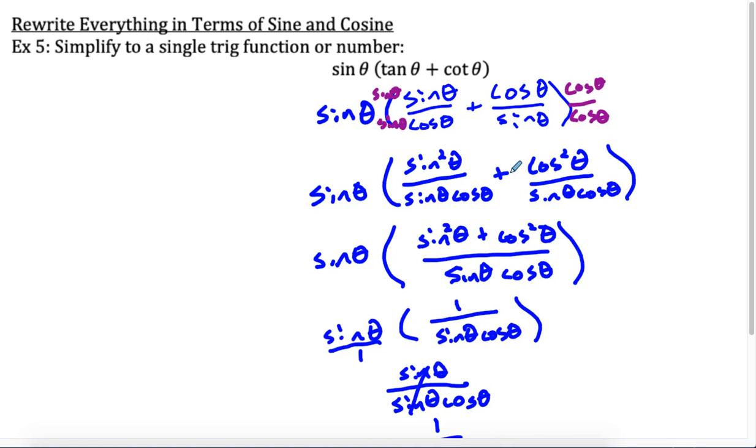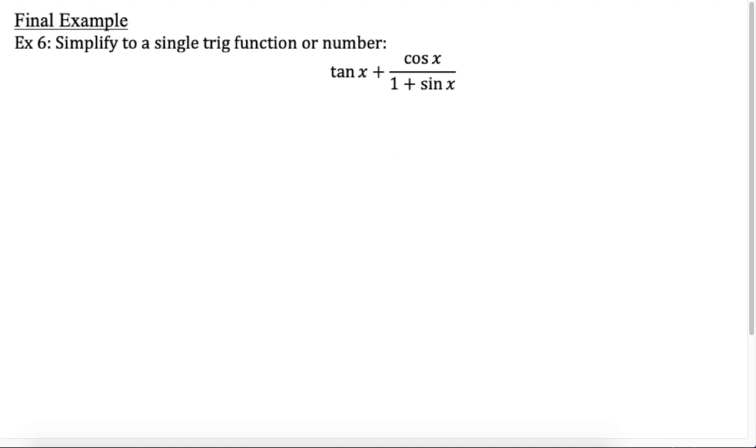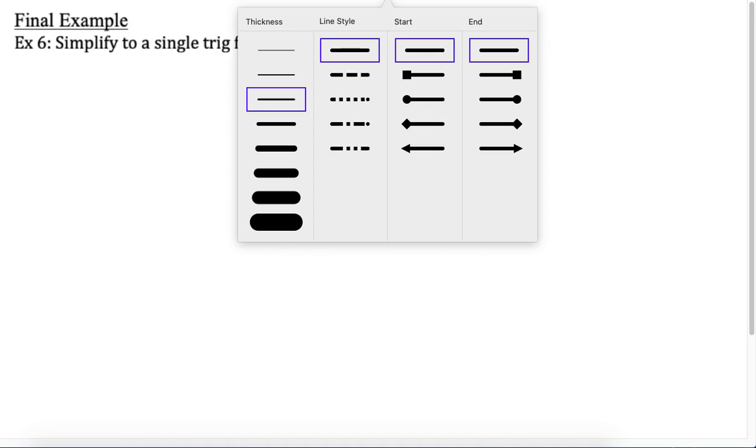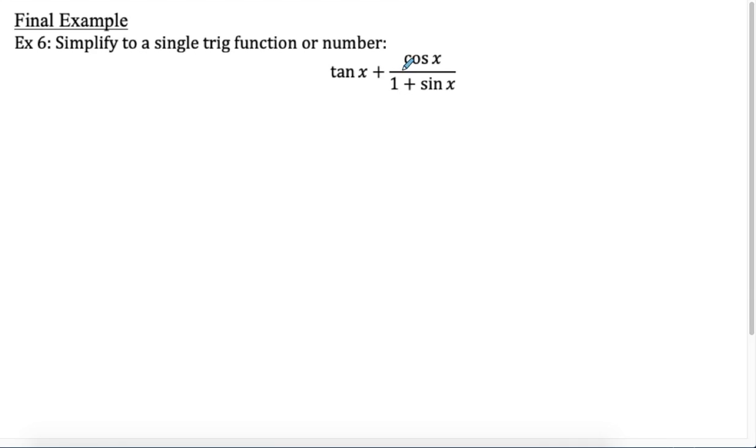Okay, I do want to just do one final example here that does combine a few more of these strategies together. Okay, so in this example, again, we want to start by multiplying by a conjugate, right? That's really the only thing I could see here. I mean, we could change tangent to sine over cosine.